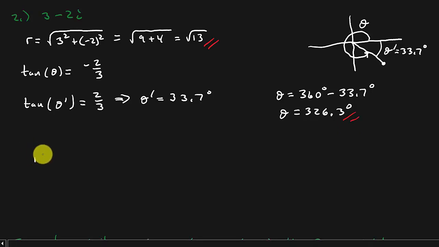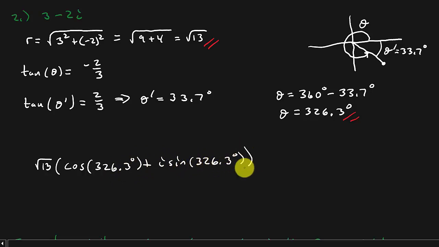So trigonometric form is R, which is square root of 13 times cosine theta plus i sine theta. All right, and there's your answer.